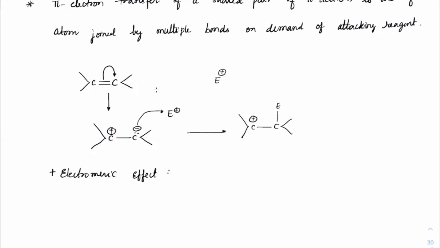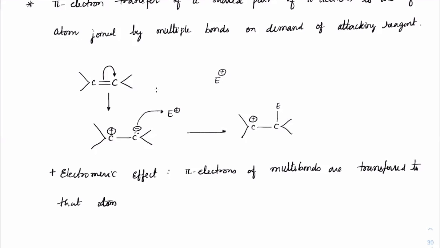Positive electromeric effect means the pi electrons of multiple bonds are transferred to that atom to which the reagent is attached.